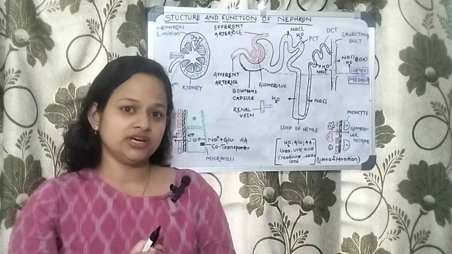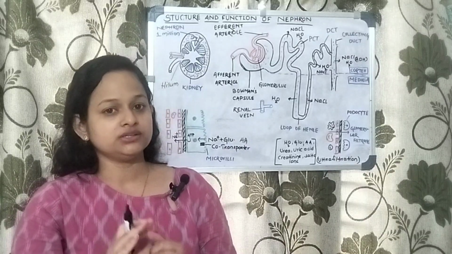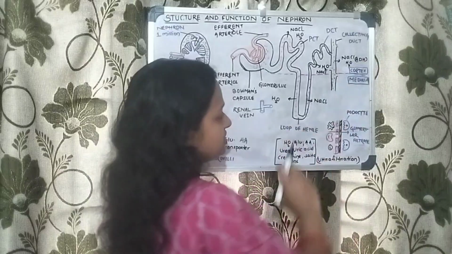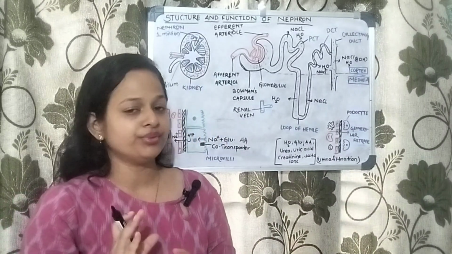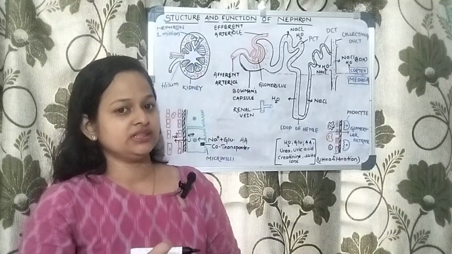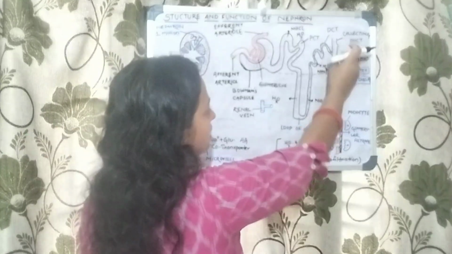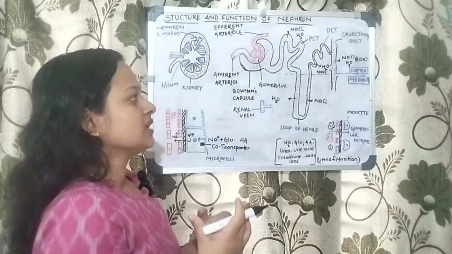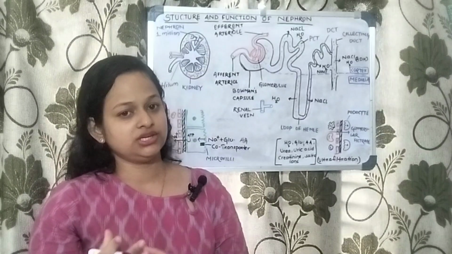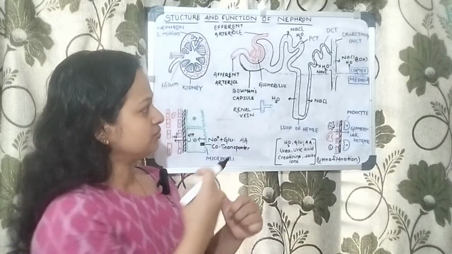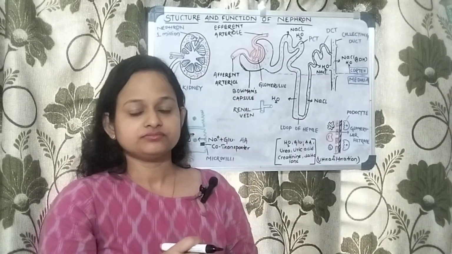If our body detects that there is a lack of water, there will be secretion of ADH, or antidiuretic hormone, by the posterior lobe of the pituitary. Then it will make the wall of the collecting duct porous, and so the water will again be reabsorbed from the collecting duct, along with some sodium.